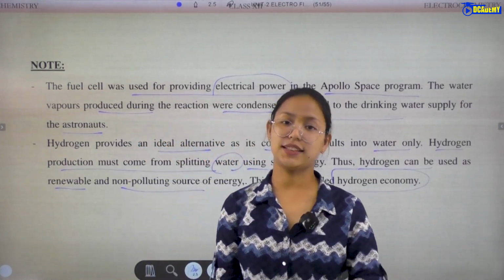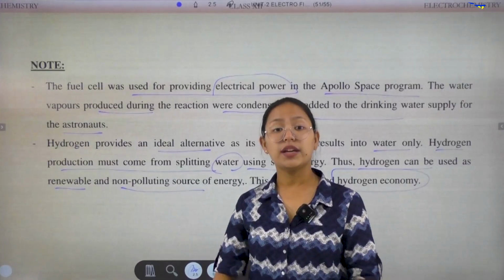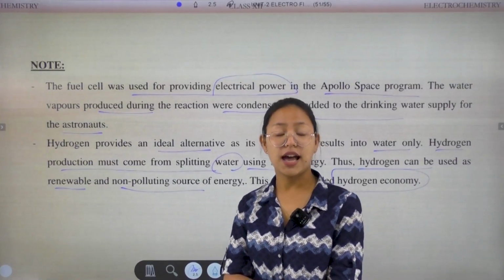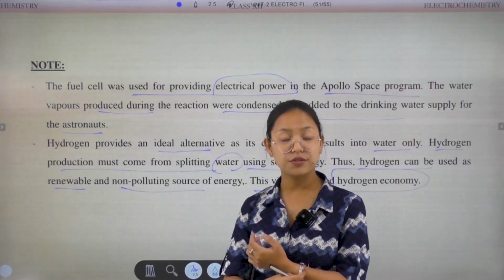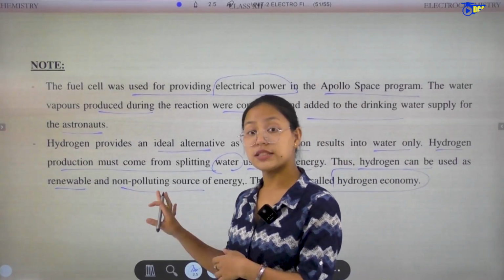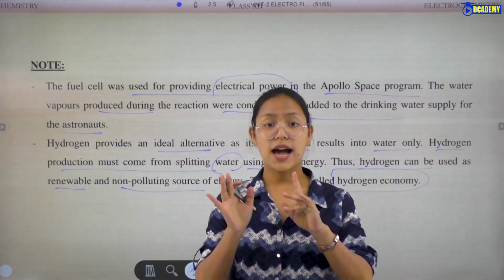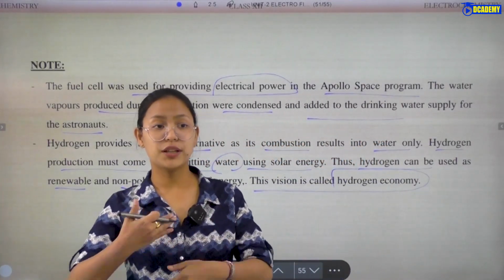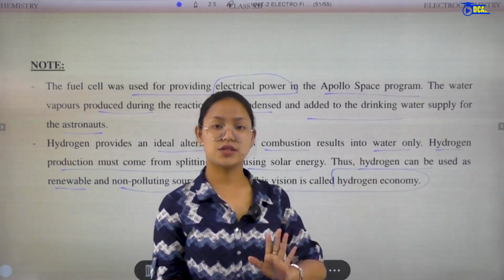We can use hydrogen as fuel, for example in rocket fuel. Hydrogen used as a fuel like this is known as the hydrogen economy.